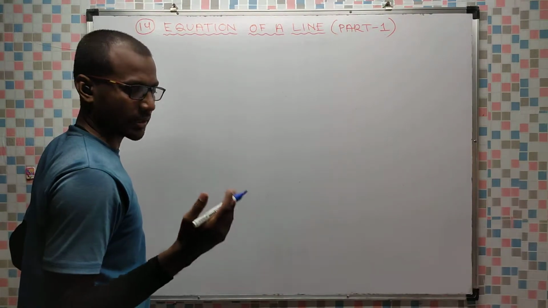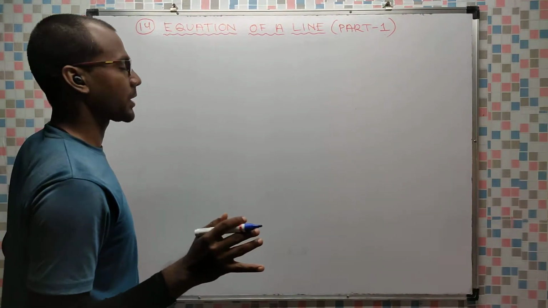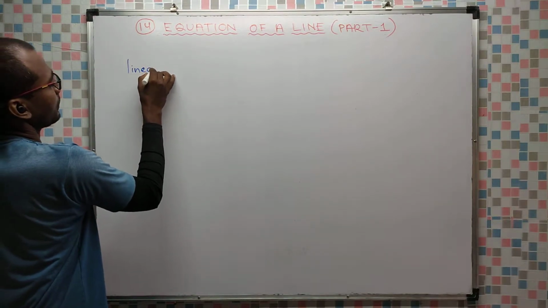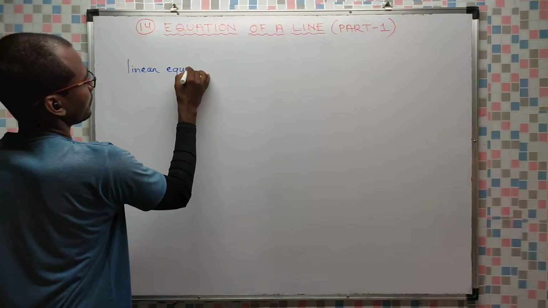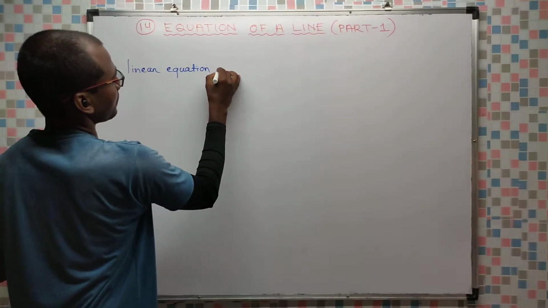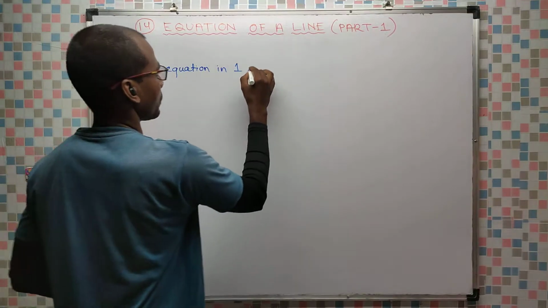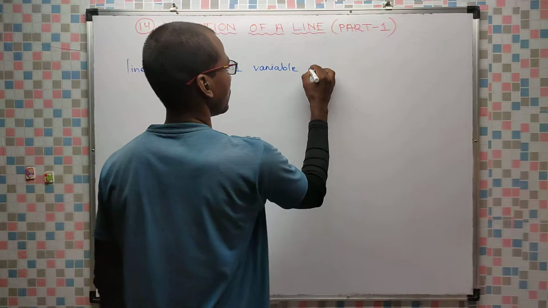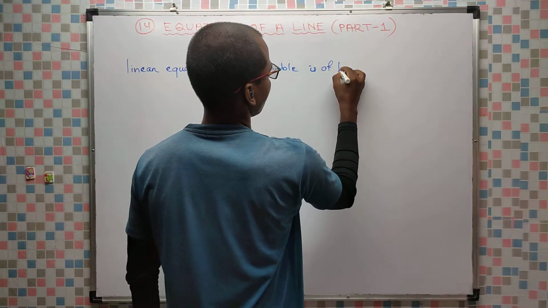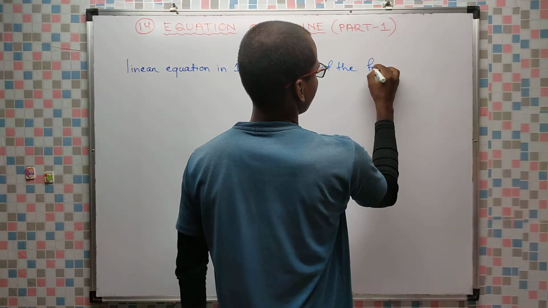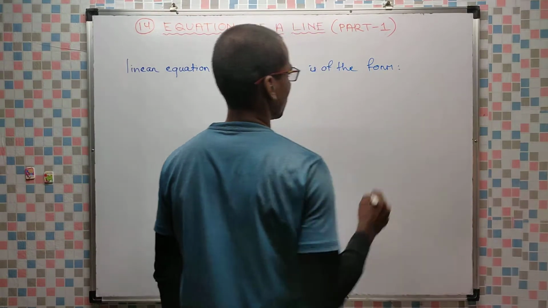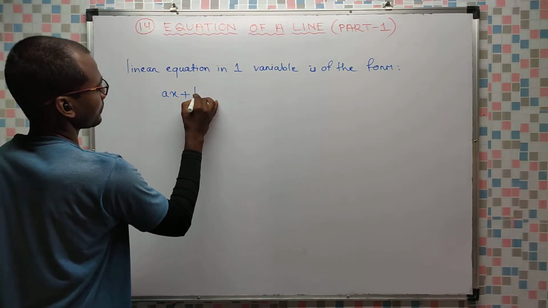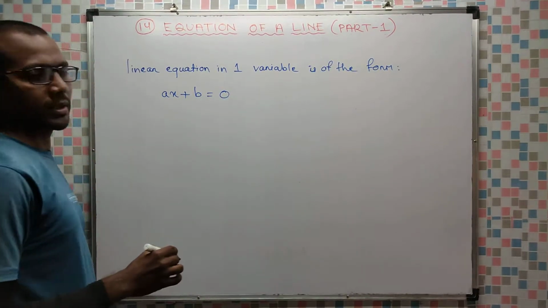In lower classes you have already studied the general form of a linear equation in one variable. A linear equation in one variable is of the form ax plus b is equal to 0.